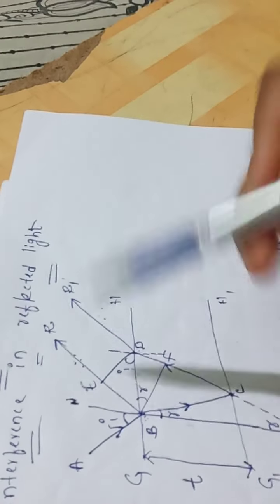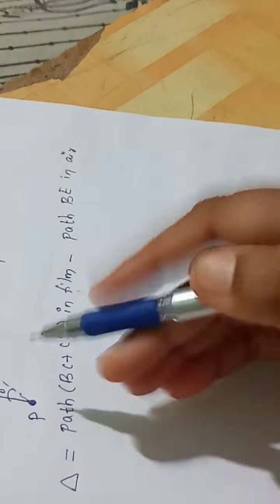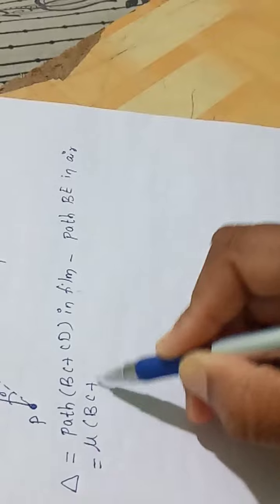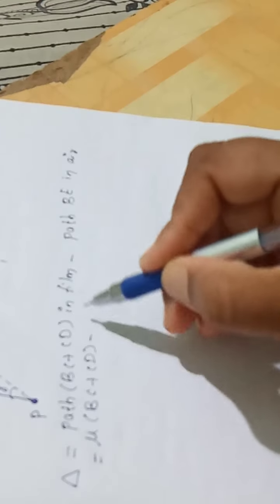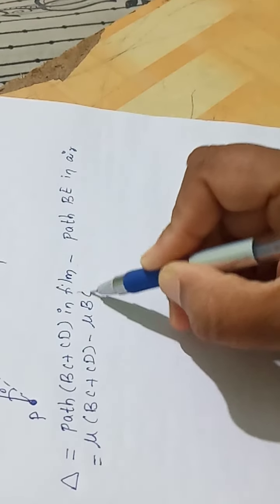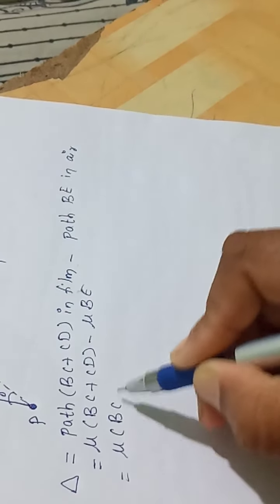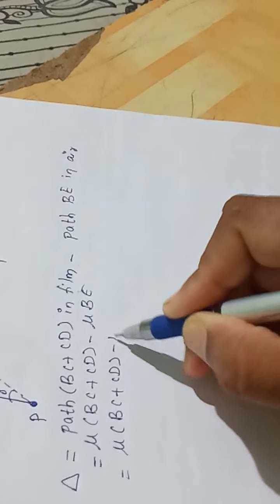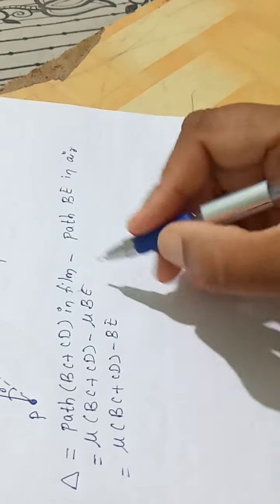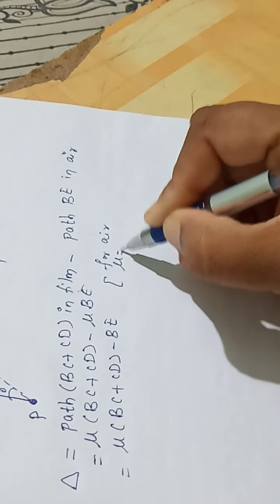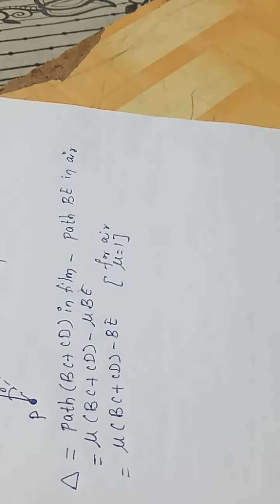This is written as mu times (BC plus CD) minus mu times BE, that is, mu (BC plus CD) minus BE, since for air the refractive index is 1.